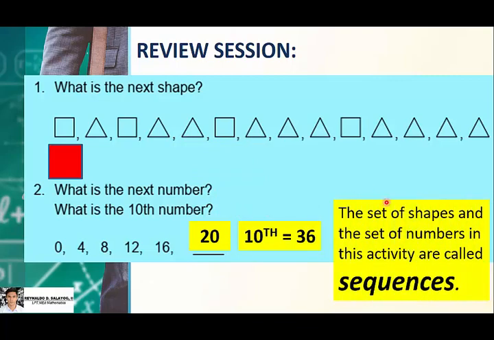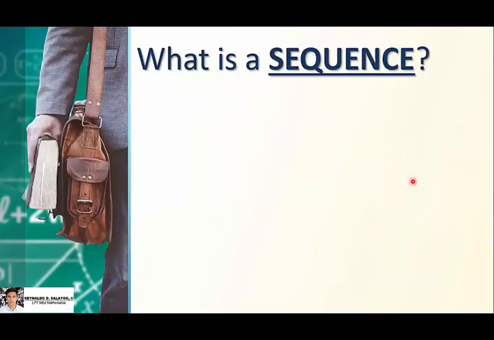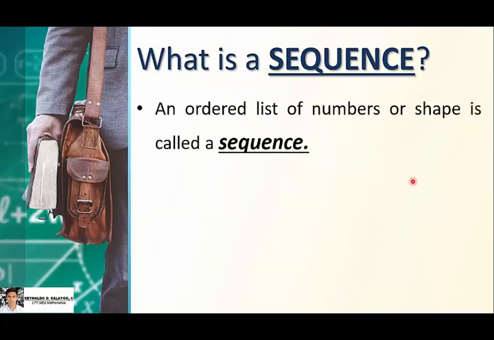So as what you observe, the set of shapes and the set of numbers in this activity are called sequences. Now, what is a sequence? So, a sequence is an ordered list of numbers or shapes.